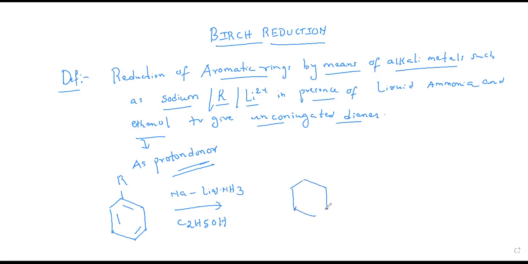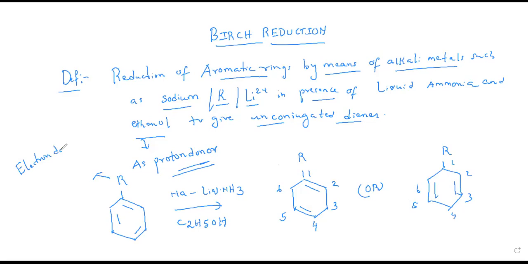So you're going to get unconjugated dienes. Okay. Now, generally here, R is nothing but electron donating or electron withdrawing groups.